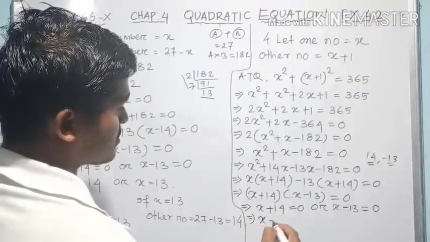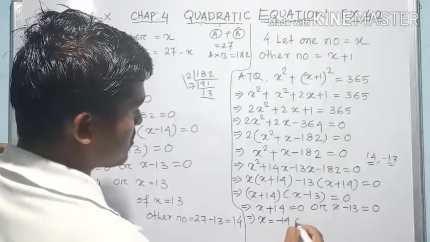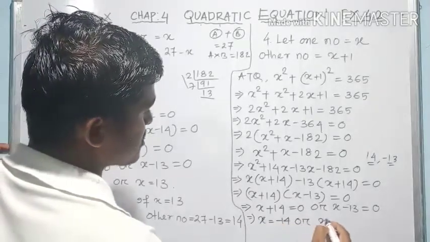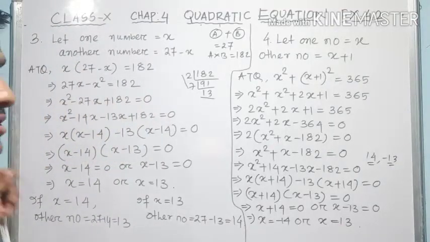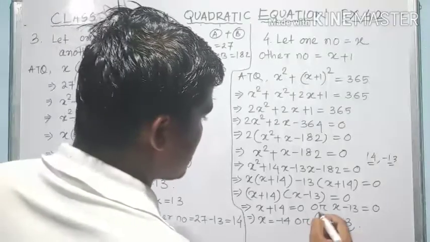This implies that x is equal to minus 14 or x is equal to 13. As it is given positive integers, we will take x is equal to 13.